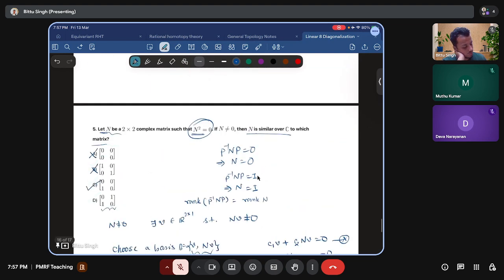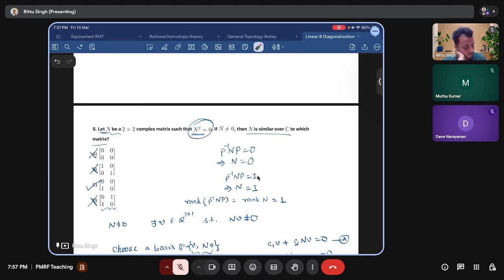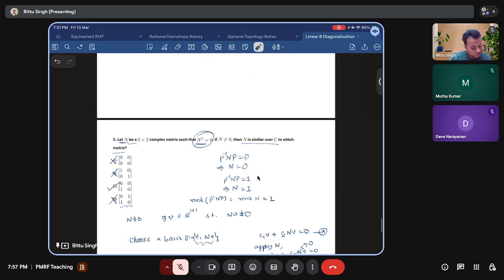But here the rank is 2. So this is also false. You can even use the same observation to discard those two options. But here it is more clear that this is not possible. 0 cannot be similar to any non-zero matrix. Identity matrix cannot be similar to any non-identity matrix. This you can also use.